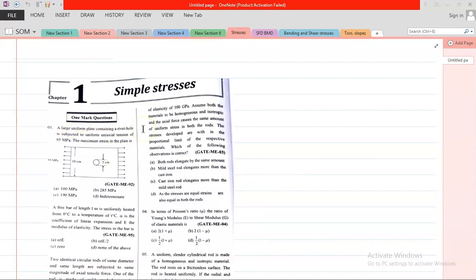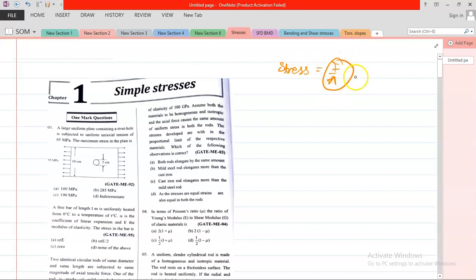Okay. First, from the stress concept, stress is equal to force by area. This is the basic concept in simple stresses, and stress is equal to modulus of elasticity into strain up to the yield point.